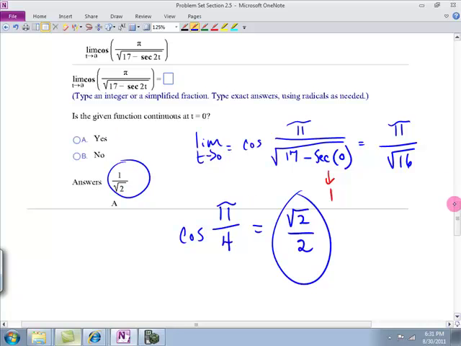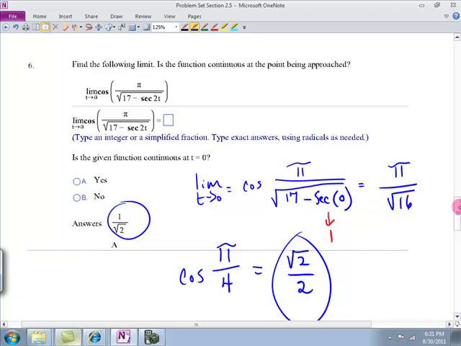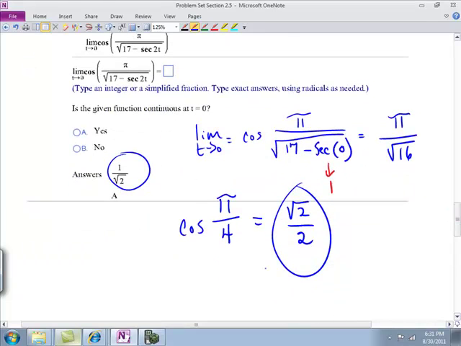Will you look at that problem? And number 6, if you have something like that, work through. See if it will take the square root of 2, if you get that problem, if you get one with pi over 4. That's what they have when it generated. But I would say this is a much more appropriate answer.